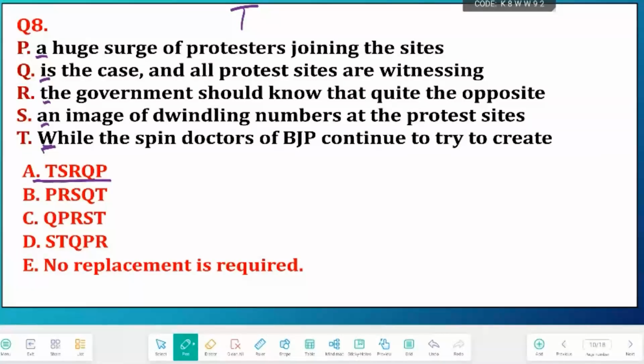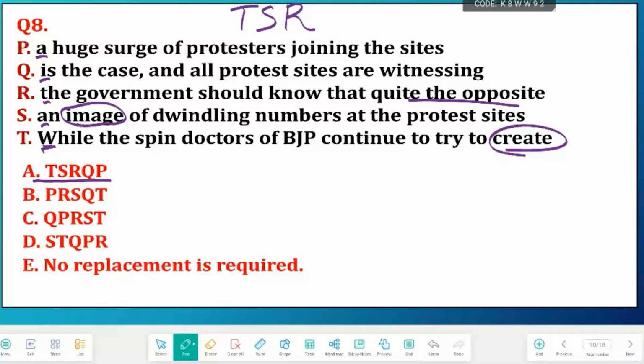While the spin doctors of BJP continue to try to create. क्या create करना चाहेंगे? अब S statement में दिया है create an image. So S statement सही बैठ रहा है. So while the spin doctors of BJP continue to try to create an image of dwindling numbers at the protest sites, उसके बाद R, the government should know that quite the opposite. Correct बैठ रहा है sequence में.